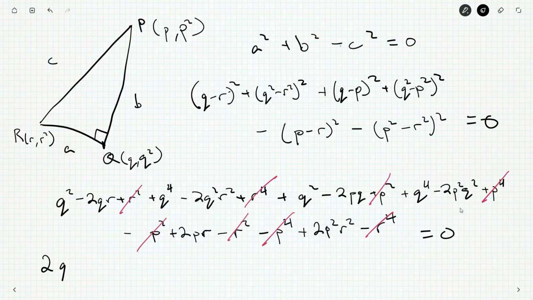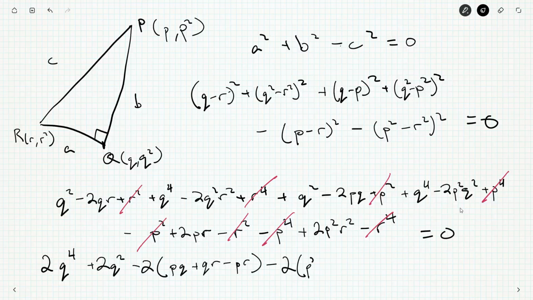But what have we got? We got 2q to the fourth, 2q squared, and then minus 2 times pq plus qr minus pr, minus 2 times p squared q squared plus q squared r squared minus p squared r squared, which has got to be equal to 0.